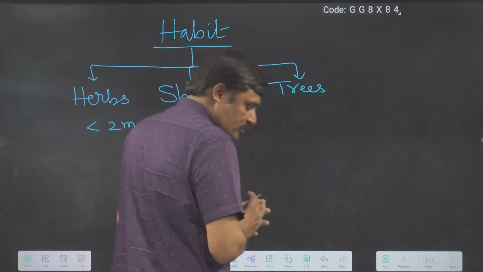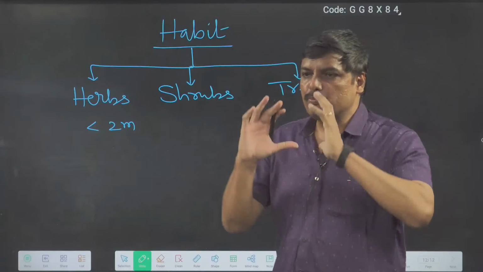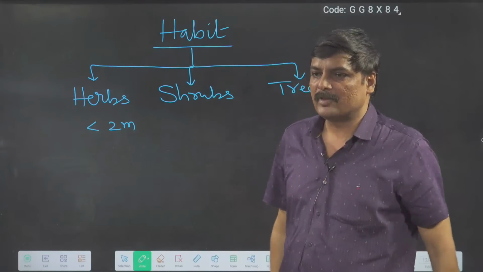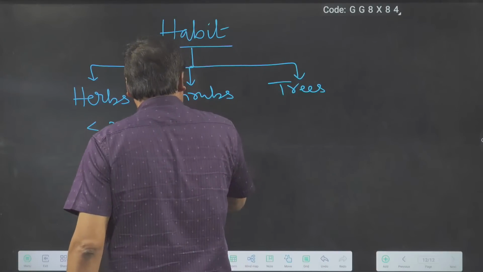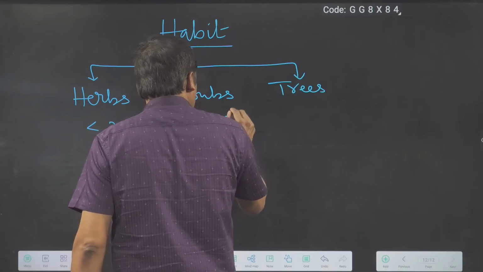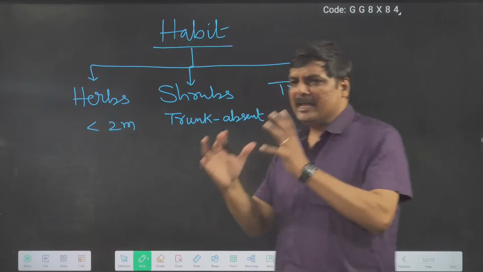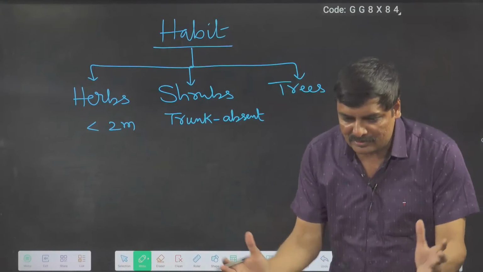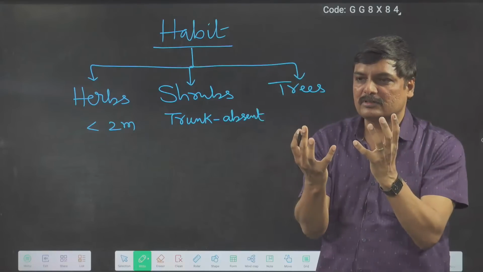Similarly, shrubs. What are shrubs? Shrubs are bushy plants. That is why these are also called bushes. Here, trunk is absent. Many branches arise from the base. All the branches grow and look like a bush.